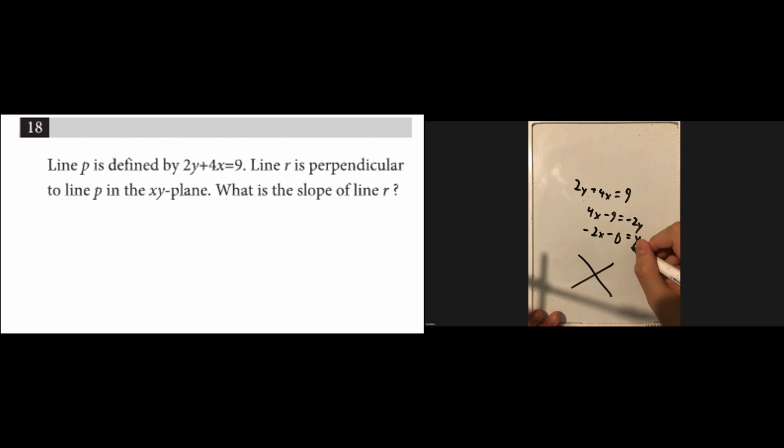And then since this is perpendicular, it would just be the inverse of this, which would just be 1 over 2, because you change the front sign. So it's negative, so now it becomes positive, and then you flip this, so this is like 2 over 1, and so now it becomes 1 over 2. And so the answer would just be 1 over 2.